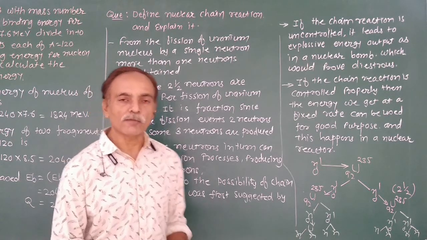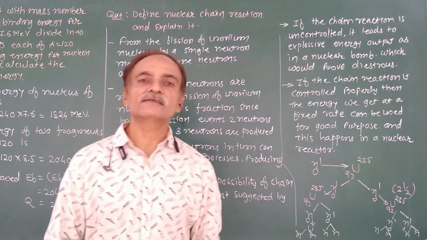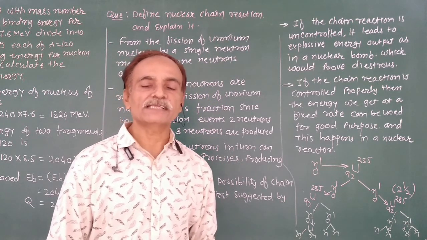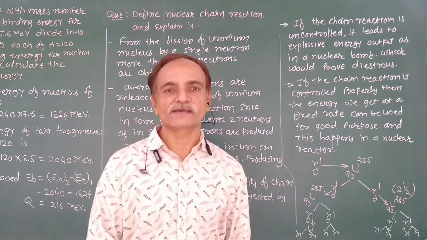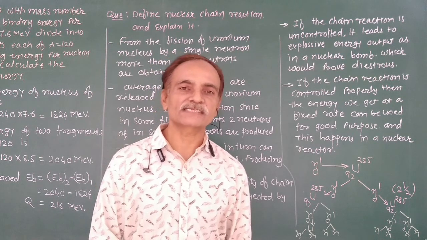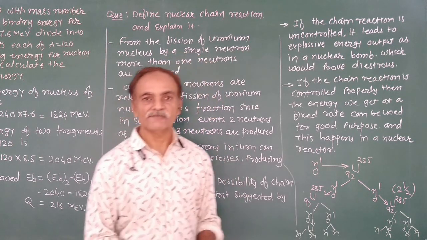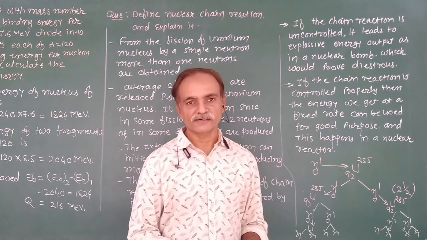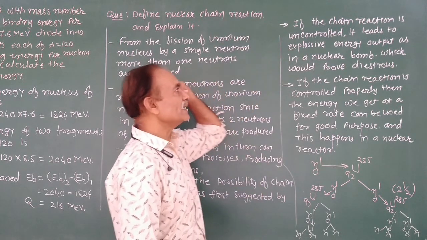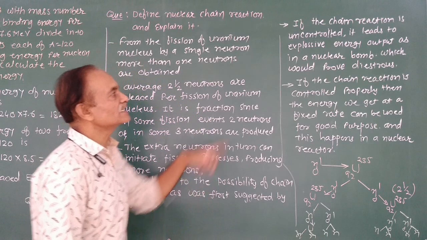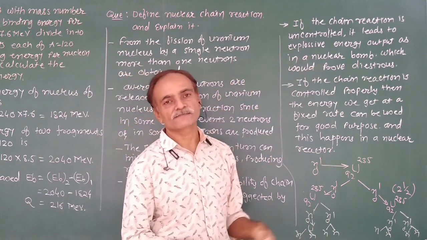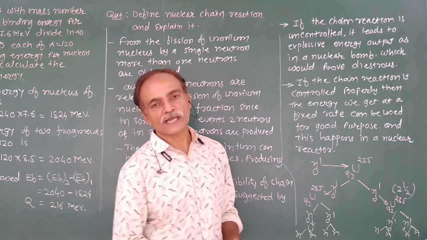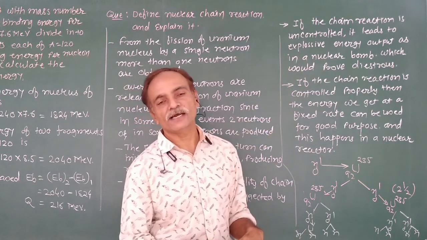So in a nuclear bomb, the nuclear chain reaction takes place in an uncontrolled manner. Once the bomb starts the fission process, we can't stop it. So it is uncontrolled. If the chain reaction is uncontrolled, it leads to explosive energy output as in a nuclear bomb.